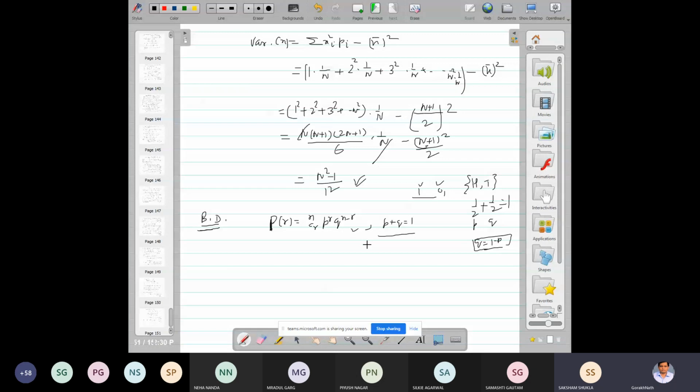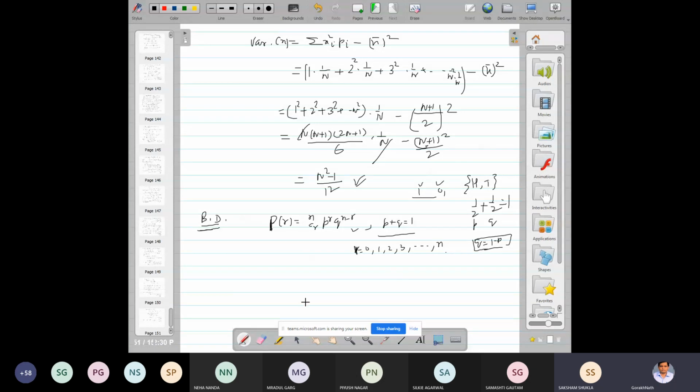So here r is equal to 0, 1, 2, up to the maximum value. We are performing n trials, so if all the n times we obtain success, then r is equal to 0, 1 to n maximum.